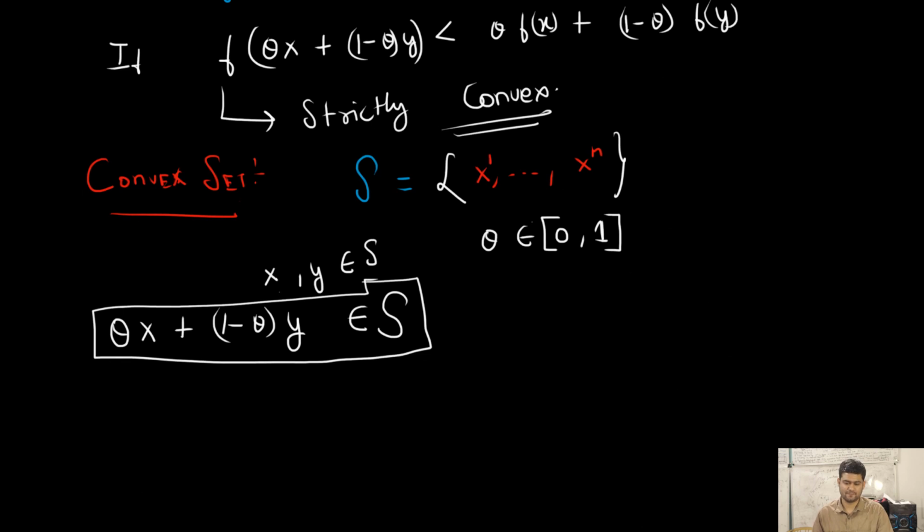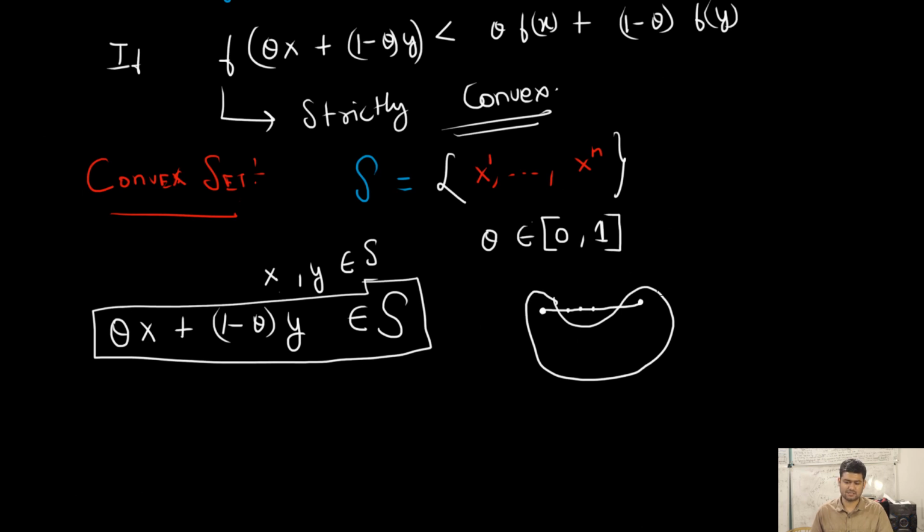So graphically, let's take this set for an example. If we select any 2 points and we draw a line segment between them, then we can see there are many points on this line segment that are not inside the set.